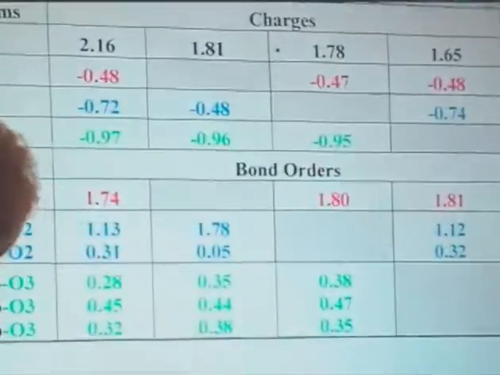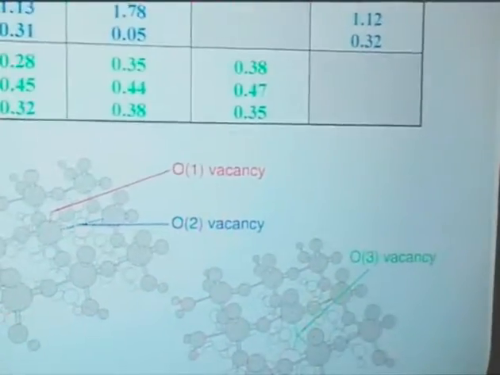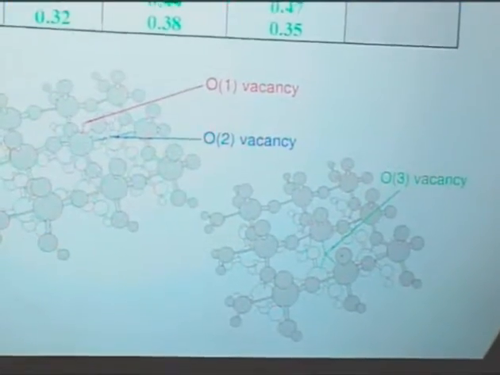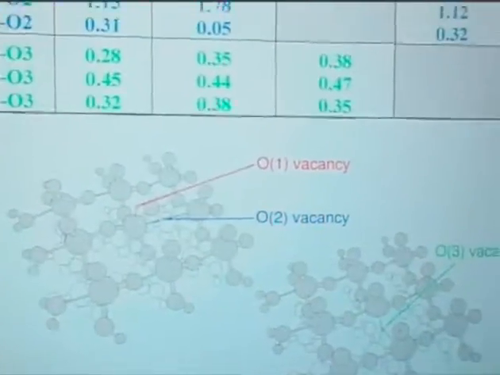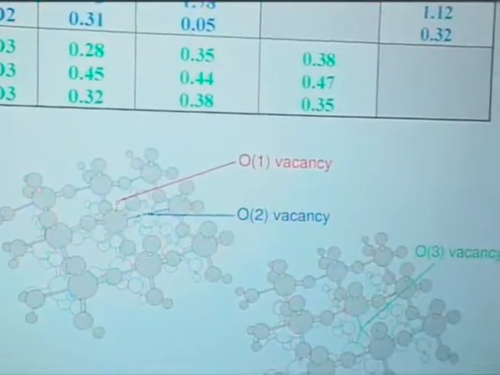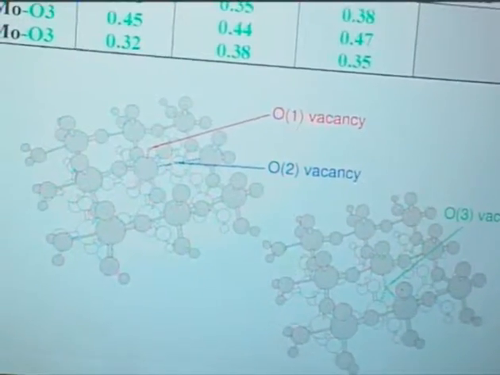This is because this oxygen, which was here and had a 2.2 distance to that molybdenum, when it's tilted upside, that distance becomes 4 instead of 2. But that distance, which was 1.7, is now shorter.